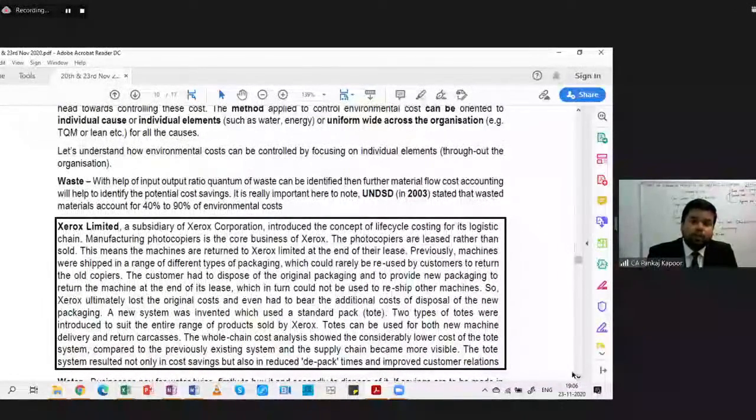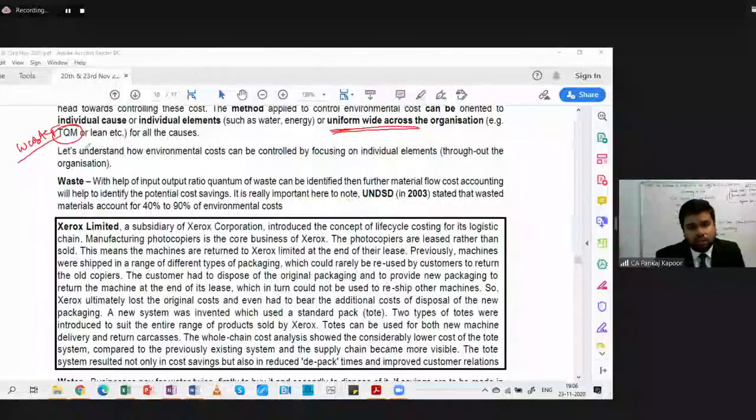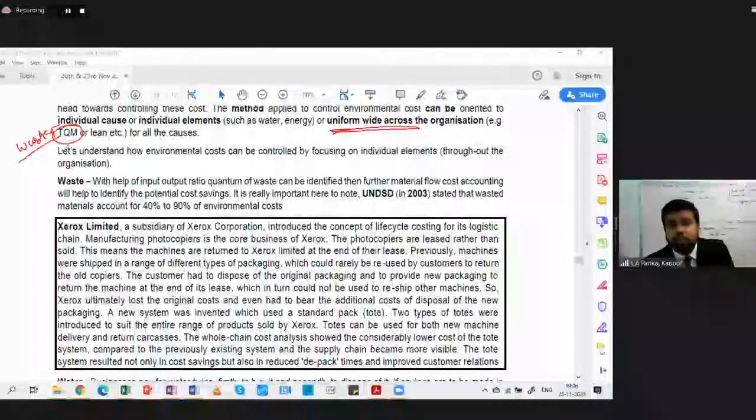What can the company do? The company can either apply some uniform technique across the organization. Likewise, the company can go for TQM, total quality management, and try to reduce the wastage in all parts of the processes, in all the divisions of the company.